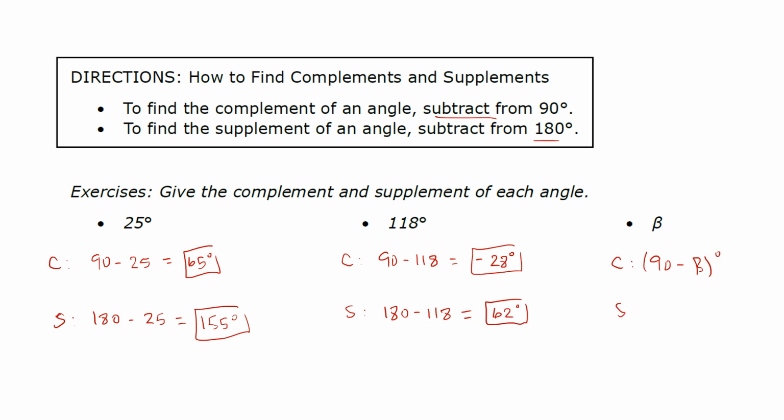For the supplement, we would subtract beta from 180 degrees. So 180 minus beta would be the supplement.